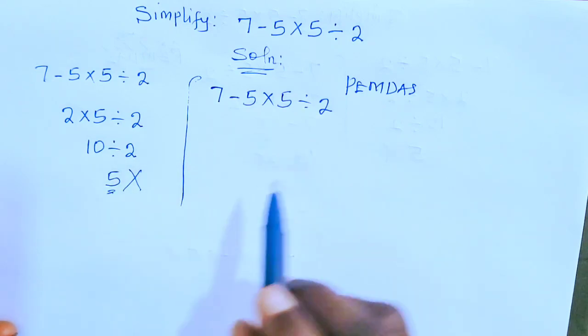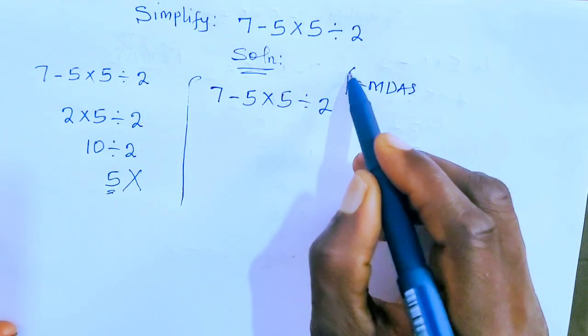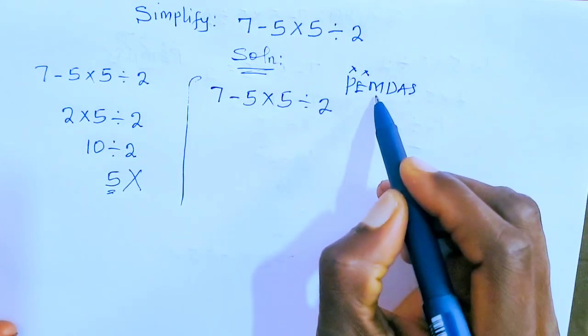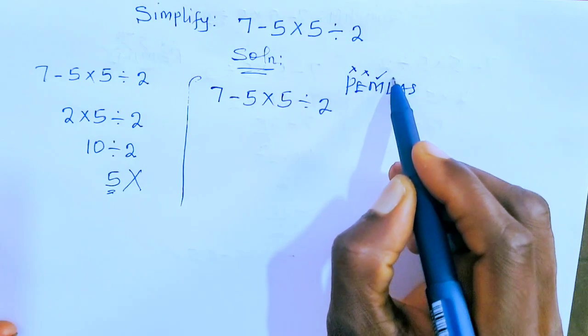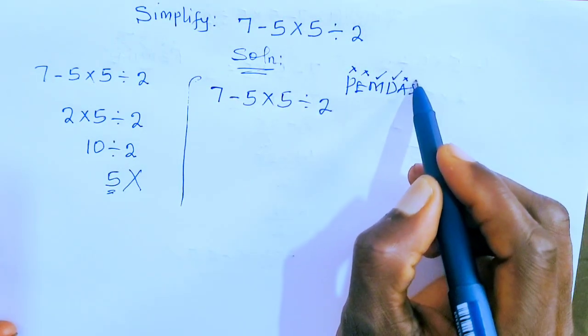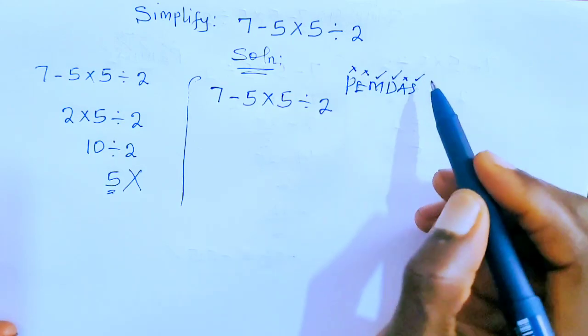Now, in this expression, we don't have parentheses, we don't have exponents. We have multiplication, we have division, no addition, and we have subtraction.